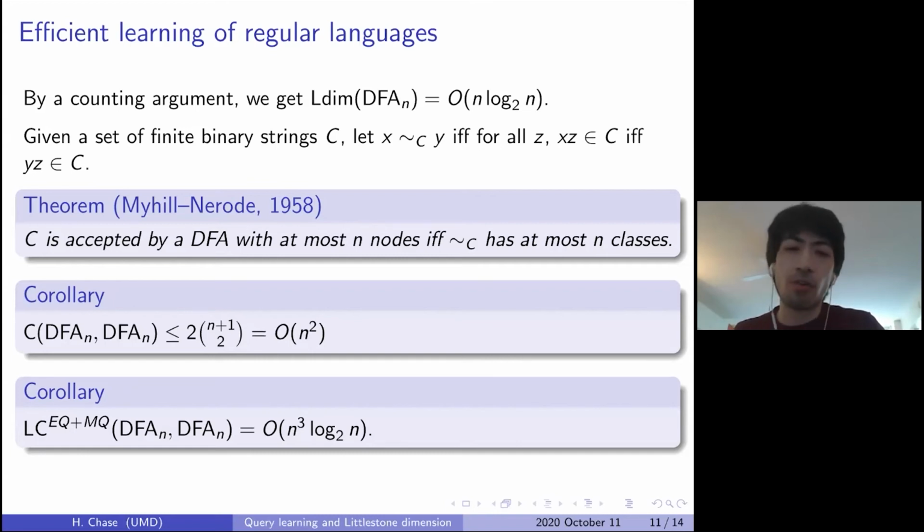Okay. I'll be careful, but I haven't written this down anywhere. I'm guessing that you can't improve that because the Myhill-Nerode theorem is an if and only if. So it says that the obstruction to being a regular language on n nodes is precisely that you have n+1 many classes.